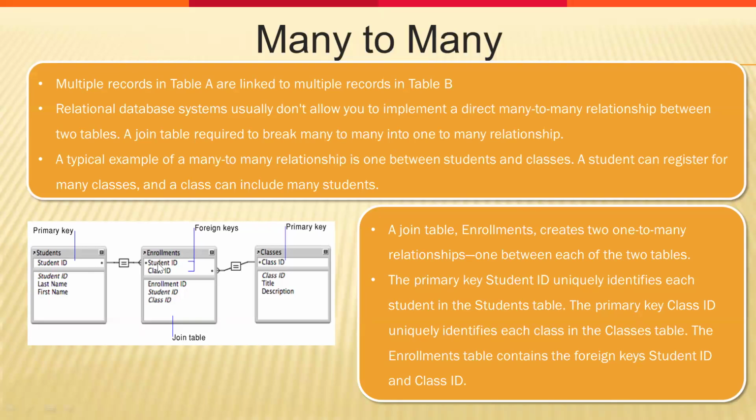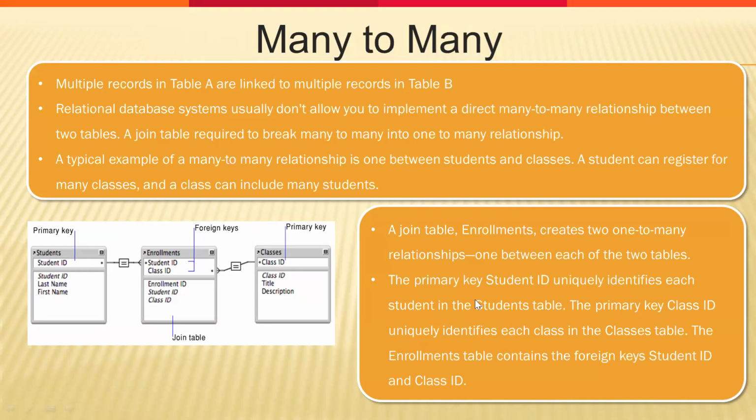In that case, two records are going to be there in this enrollment table: enrollment ID, student ID, and class ID. These three pieces of information we are getting from the student table and class table. For each student, however many times they enroll, that many records we get.